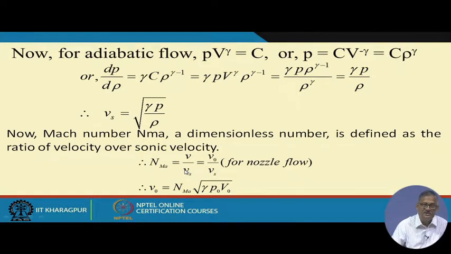Now, we also said that if the flow is adiabatic, that is, there is no heat loss or heat gain, then we can write that for adiabatic flow, PV gamma is equal to constant.